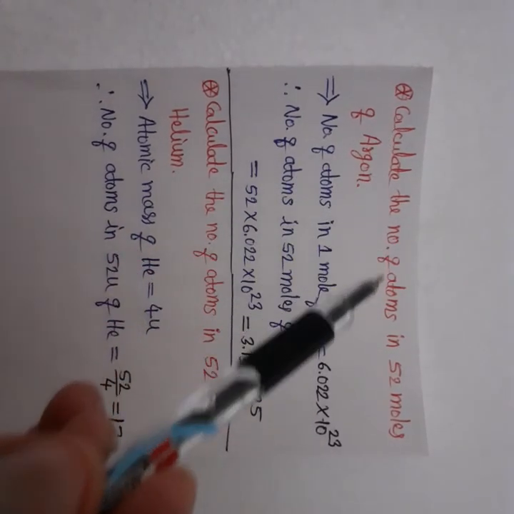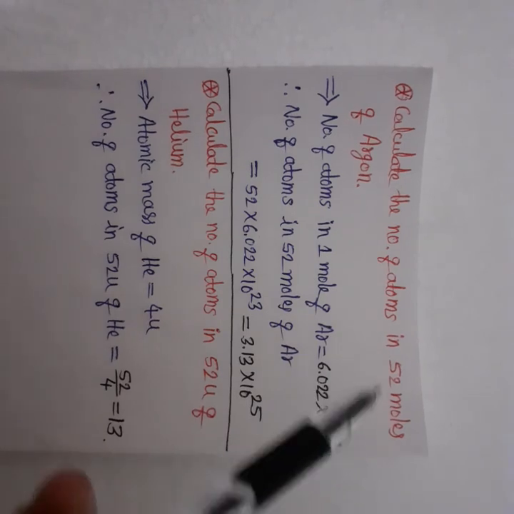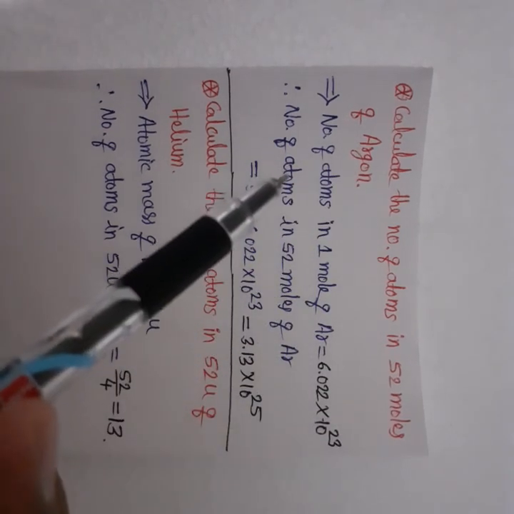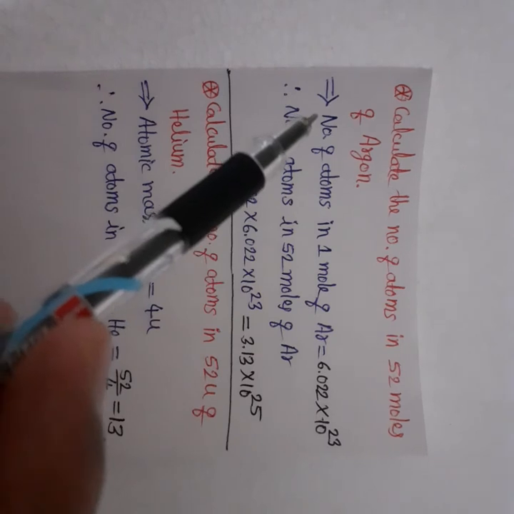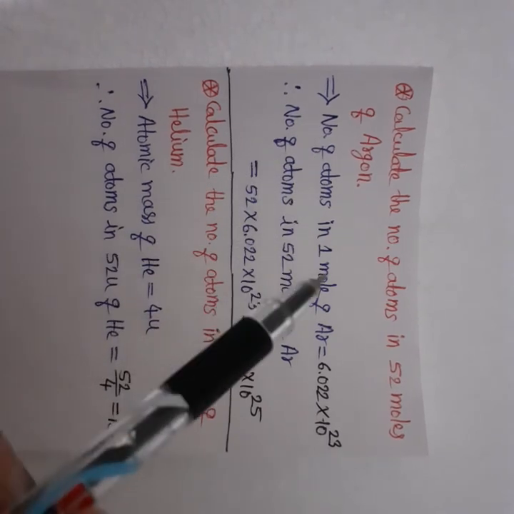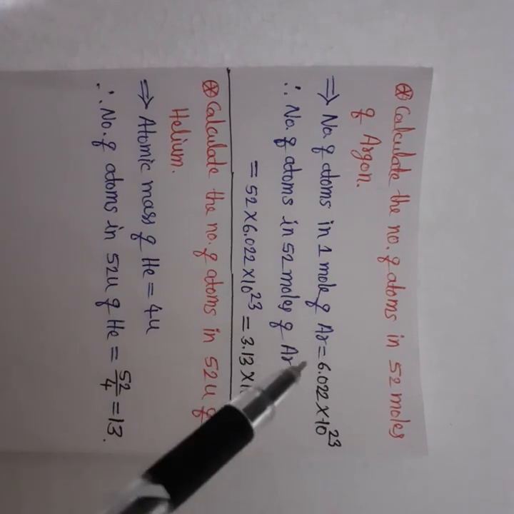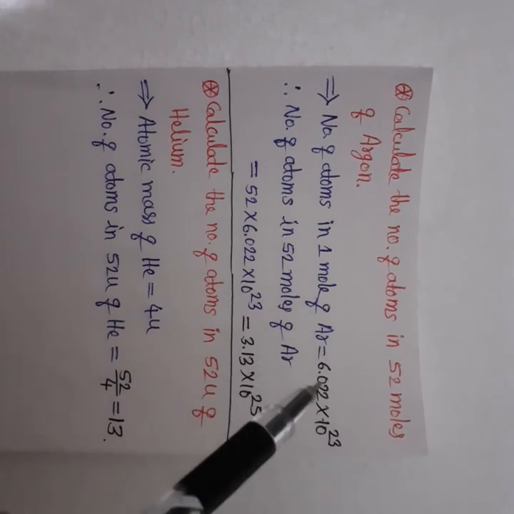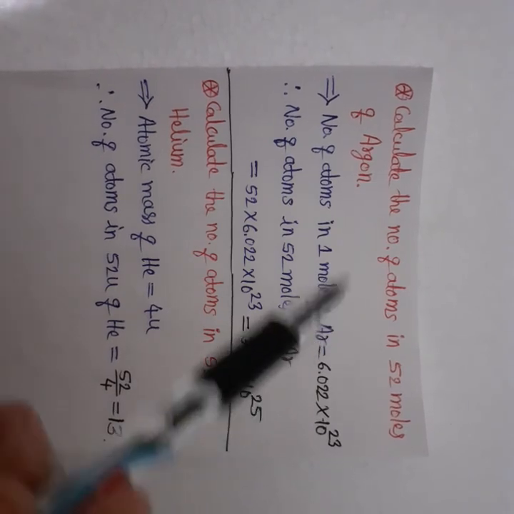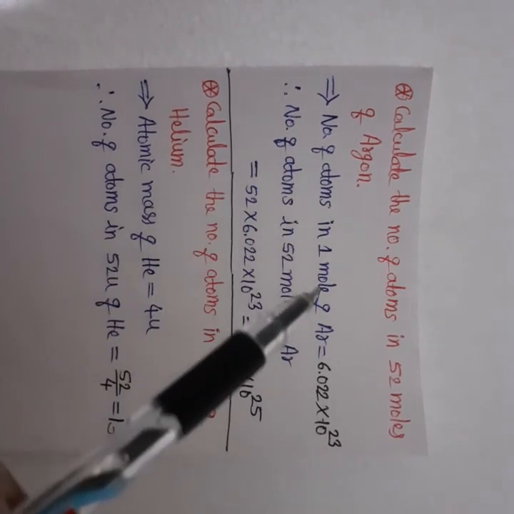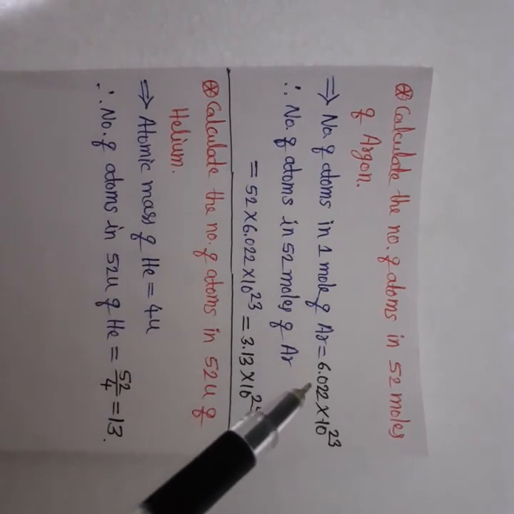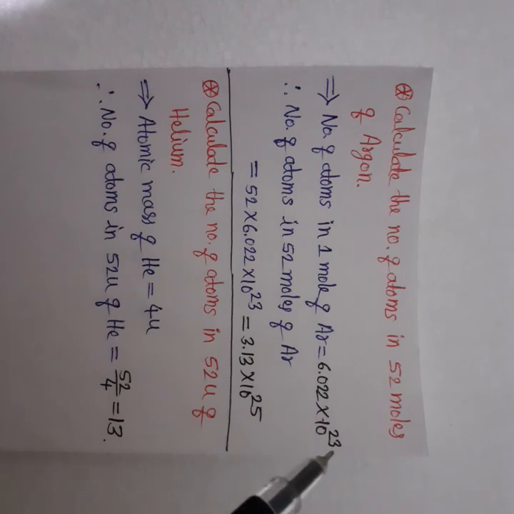Calculate the number of atoms in 52 moles of argon. Here we need to remember, number of atoms in 1 mole of any substance is always equal to Avogadro number. Here it is argon. So number of atoms in 1 mole of argon is 6.022 into 10 to the power 23.